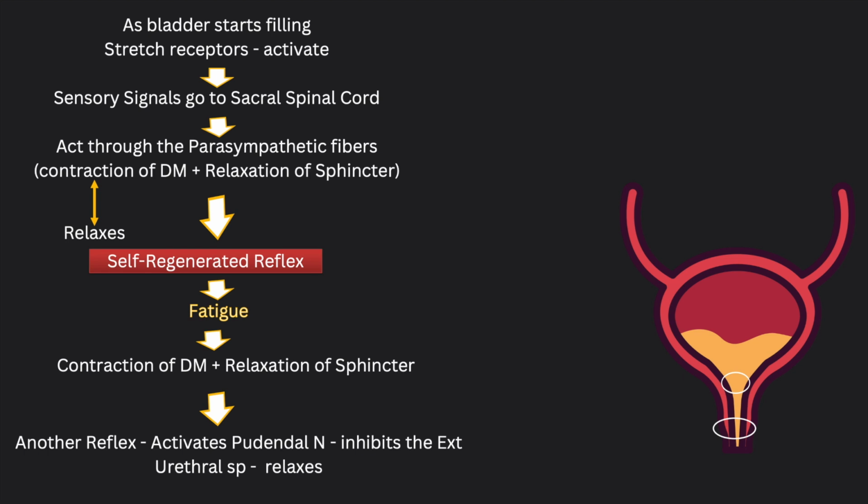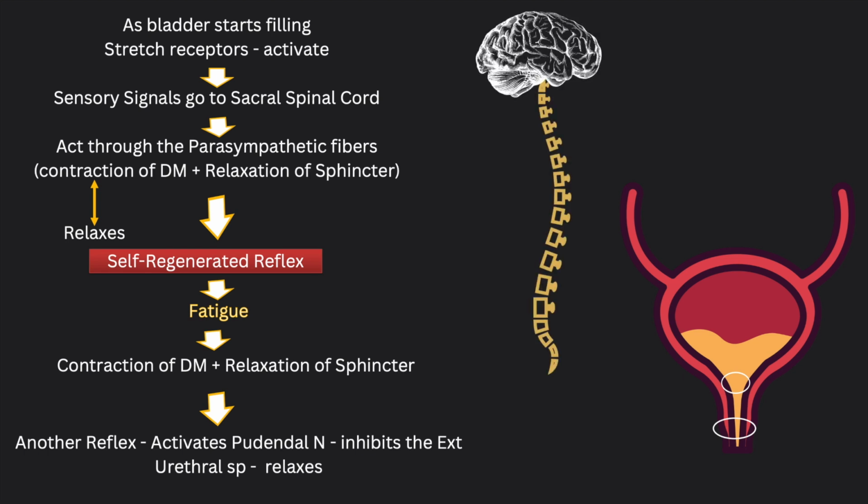Now what happens? As the drops of urine start filling the bladder, stretch receptors get activated. These stretch receptors are basically the parasympathetic ganglion in the bladder wall. When they stretch, they send signals to the spinal cord, which first acts through the parasympathetic nervous system with the help of pelvic splanchnic nerve to contract the detrusor muscle and relax the sphincter as a reaction to this stretch. It is a self-generated reflex.